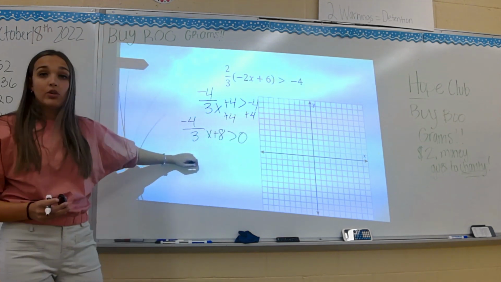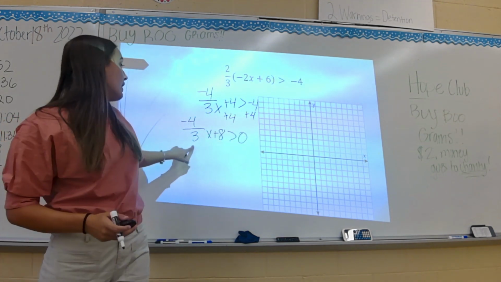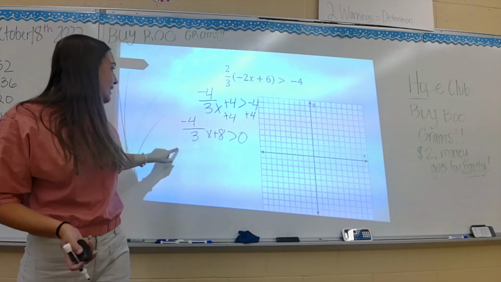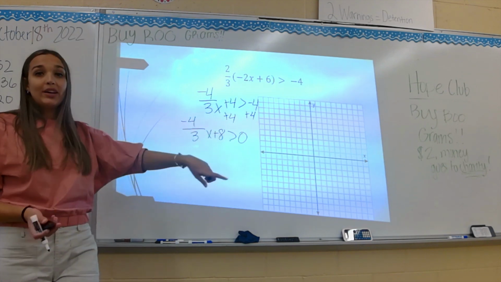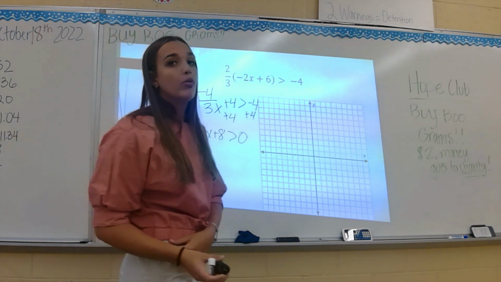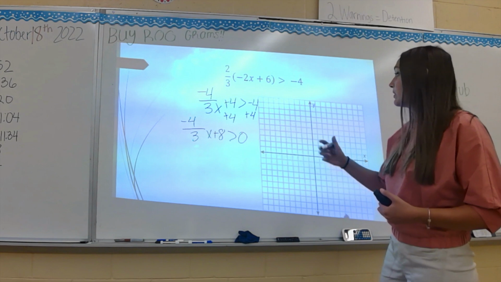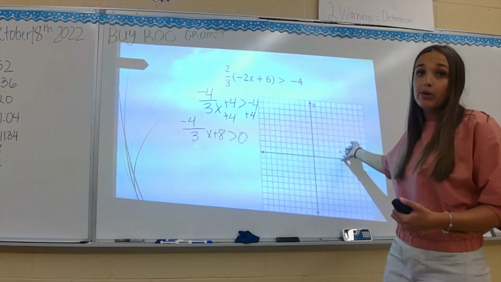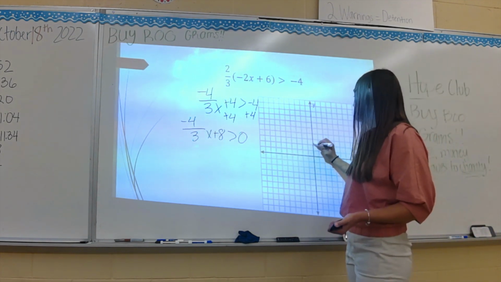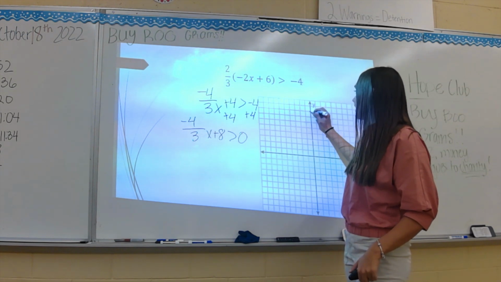Now we have this inequality. I am going to graph negative 4/3 x plus 8 on my coordinate plane. This is why it's very important that we know our graphing skills, because we're going to be using them in our problem. So I'm going to go up 8: 1, 2, 3, 4, 5, 6, 7, 8.